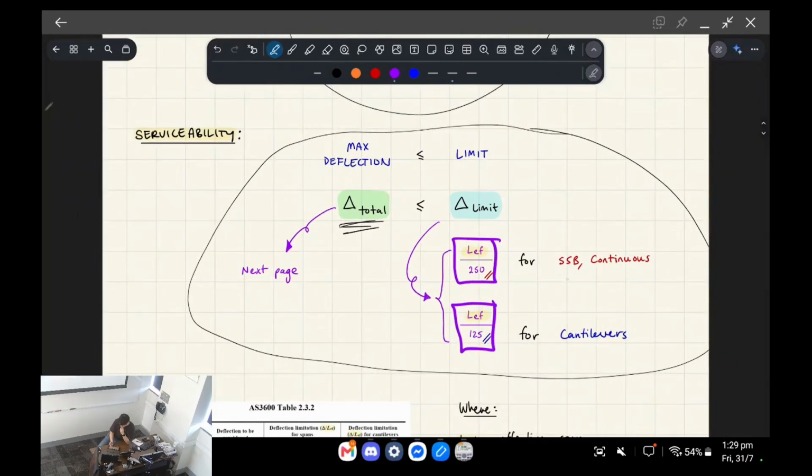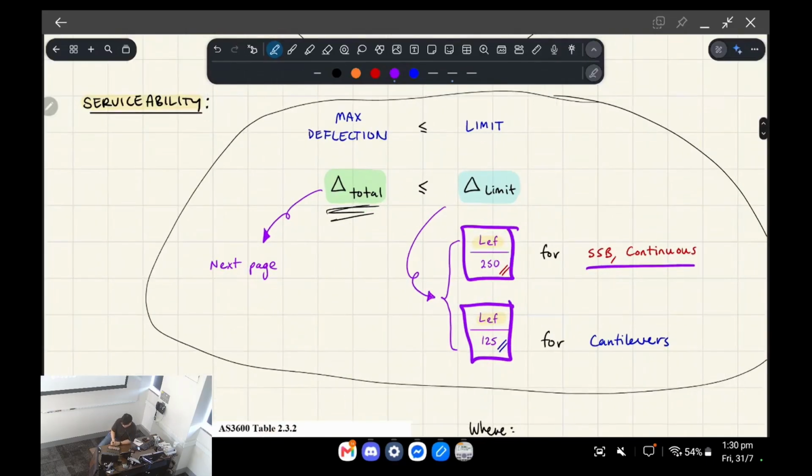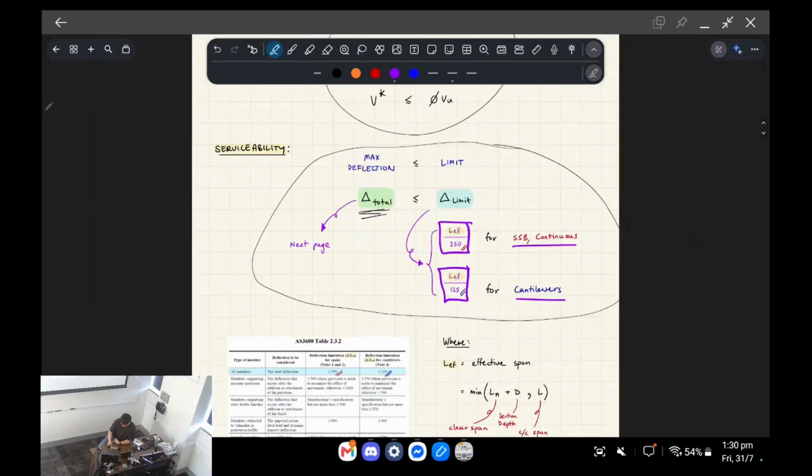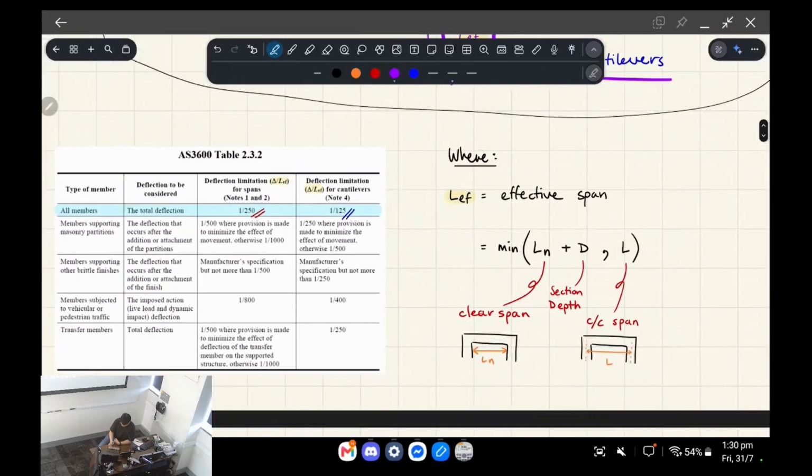For the case of simply supported beams or continuous beams, you take the length and you divide it by 250. And in the case of cantilevers, it's divided by 125, okay?